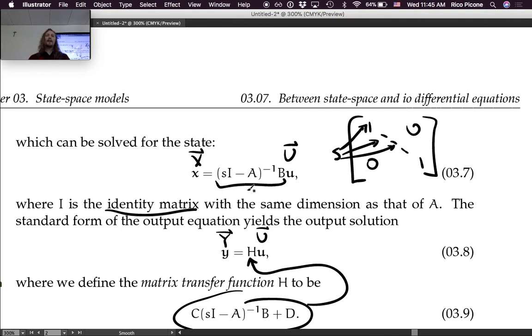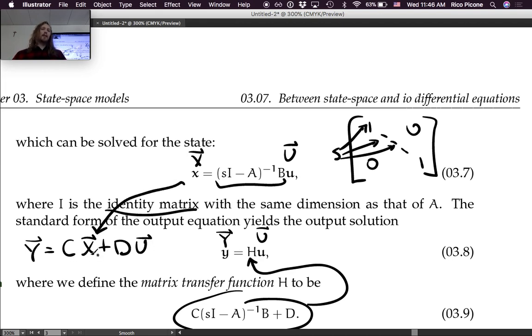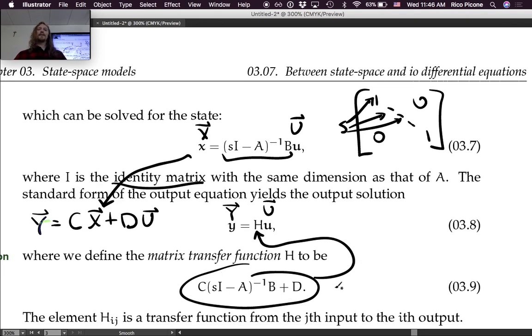Well, the way that I derived this 3.8 equation is just by plugging into, in terms of Laplace transform, Y equals CX plus DU. So all I did was plug in this solution for X into X here. So the C times whatever that solution was plus D, and then there's a U in both. You factor out the U. So that's why I end up with this expression.